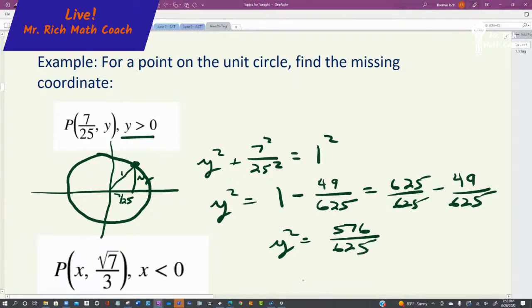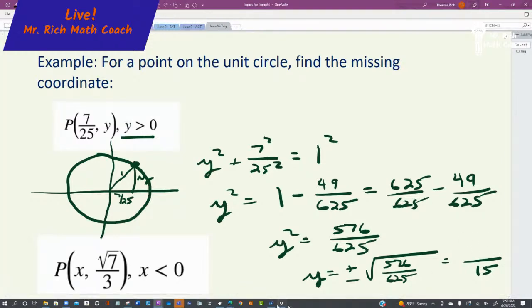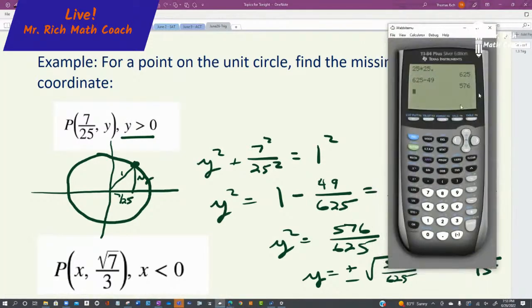When I solve that for y, then I get y is equal to either plus or minus the square root of 576 over 625. Well, we know what that's going to be, right? Because this would be 25. And if you take the square root of 576, which we will go ahead and do, square root of 576 is 24. So no surprise there.